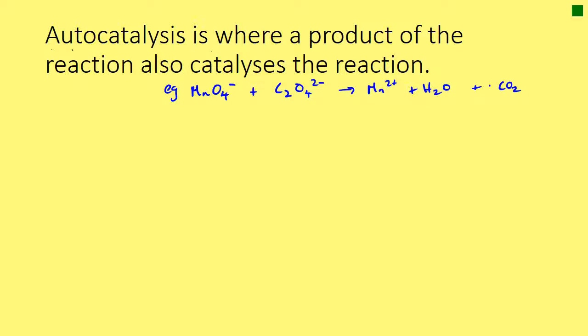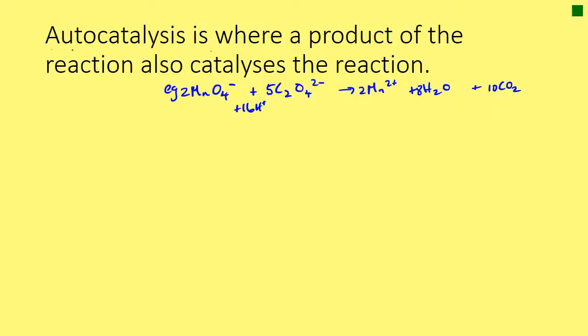And just balancing that off, you need 10 carbon dioxides made. Because you start off with 2 of these, you need to add 16 H pluses as an acid, and you need 5 of those, 2 of those, and you make 8 of those. So what we've got here is the complete reaction, and everything's aqueous.